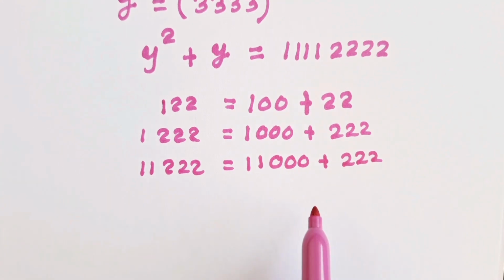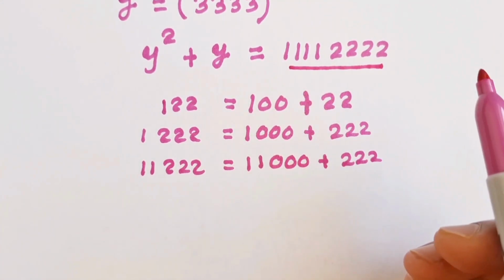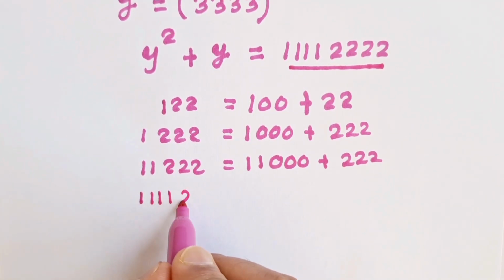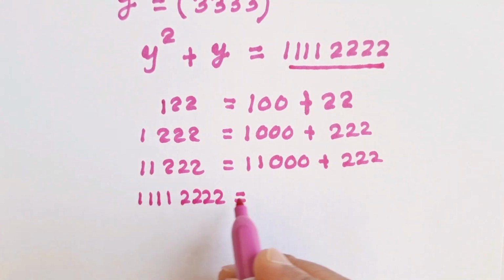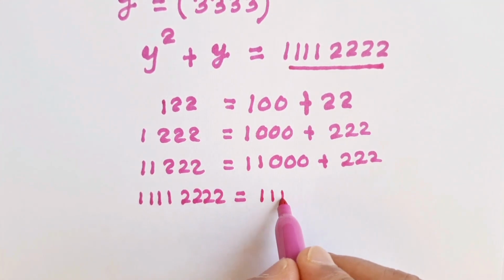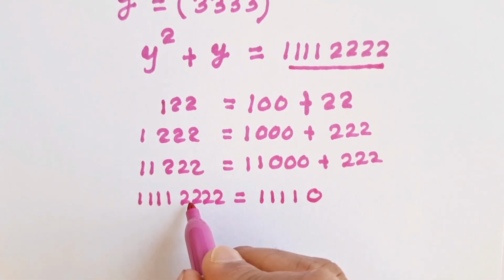Similarly, if you think about our specific number, it can also be written according to this pattern. We can keep the 1's here, we have four 1's, and instead of the 2's we can put 4 zeros.